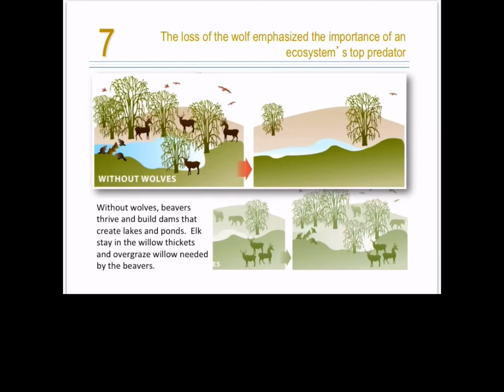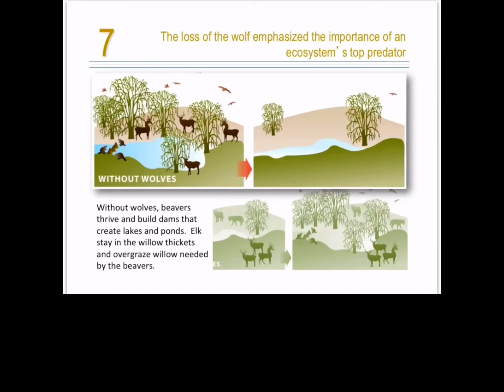The elk themselves were able to feed in the willow thickets. As a result, they overgrazed these areas, and over time, you didn't have these aspens here, you didn't have these willow trees here, and so there were no trees for the beavers, so the beavers would leave as well. If there are no trees, the songbirds, again, aren't going to have a place where they can reproduce. So without having the wolf in this ecosystem, you're really having all these different organisms being negatively impacted from losing this top-down predator.